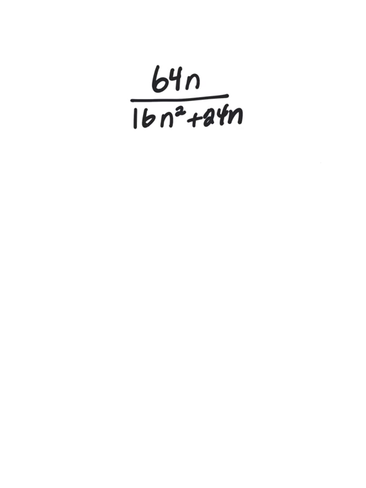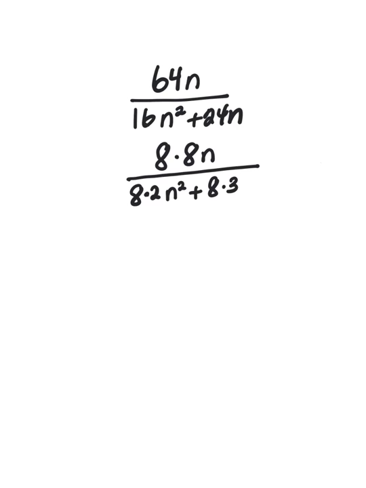64n divided by 16n squared plus 24n. So what you have in the numerator is 8 times 8n, divided by 8 times 2n squared plus 8 times 3n. You notice you have the 8 that they have in common, so that's the only thing they had in common.